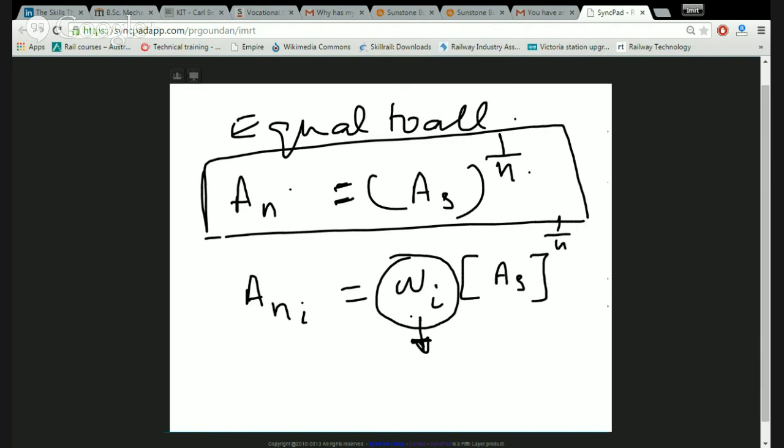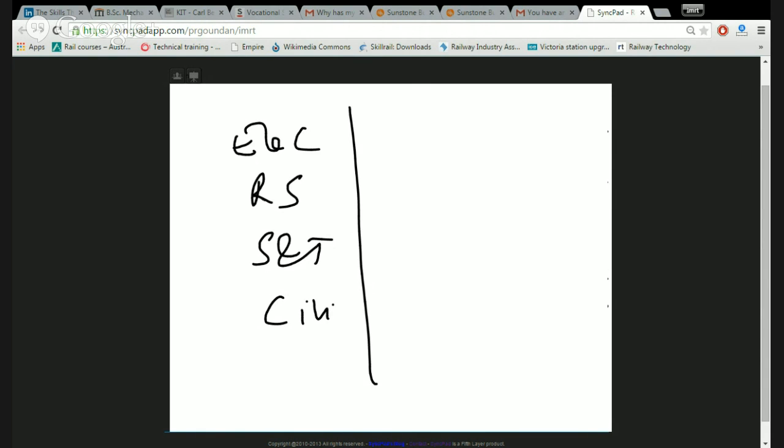Remember the problem we did, maybe in the first class. I talked about the availability of various things in a metro: electrical, mechanical, that is rolling stock, SMT, civil. I gave a problem where rolling stock takes 50% of the unavailability, electrical takes 25%, SMT takes 15%, civil takes 10%, like that.